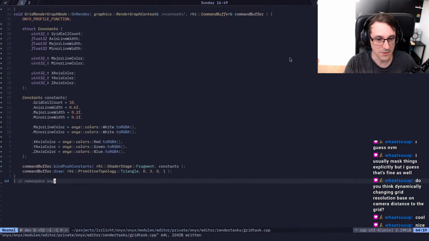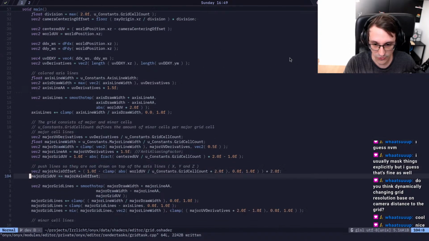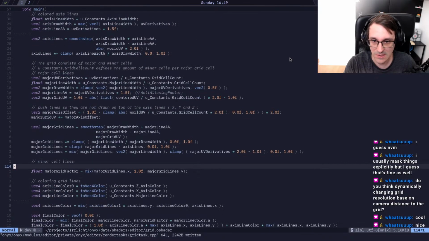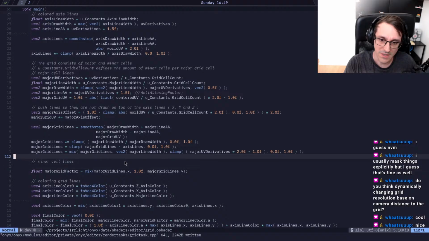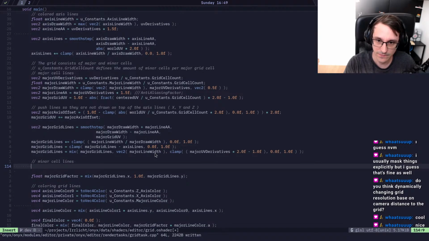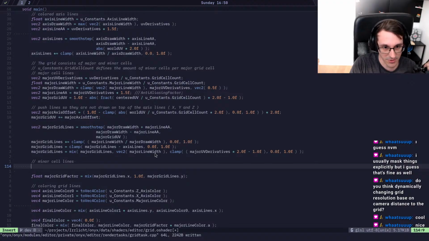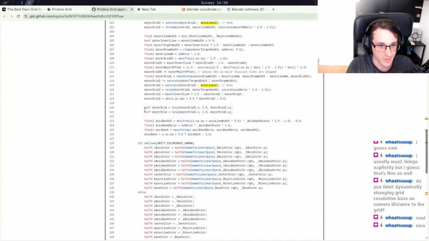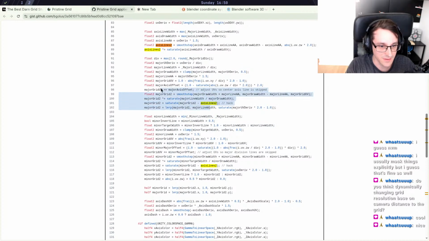That would be number 1, and that is the major grid lines, and then let's do the minor grid lines, which basically is a copy paste. So I'm thinking of maybe extrapolating that into a function, because basically it's kind of the same.